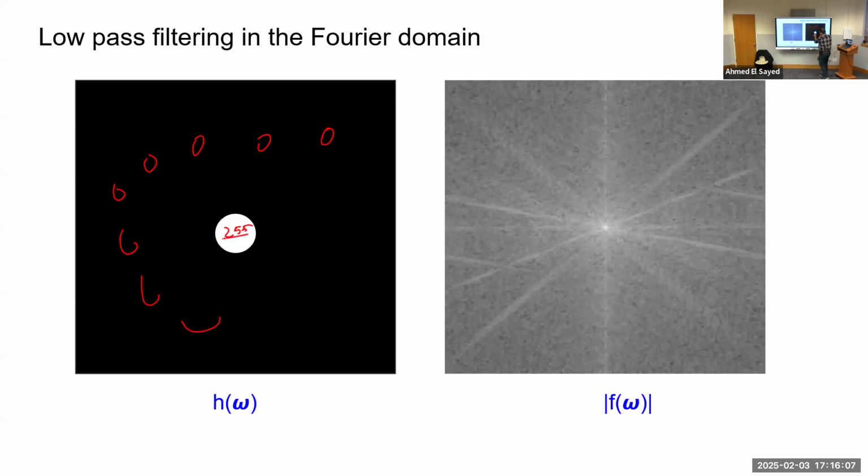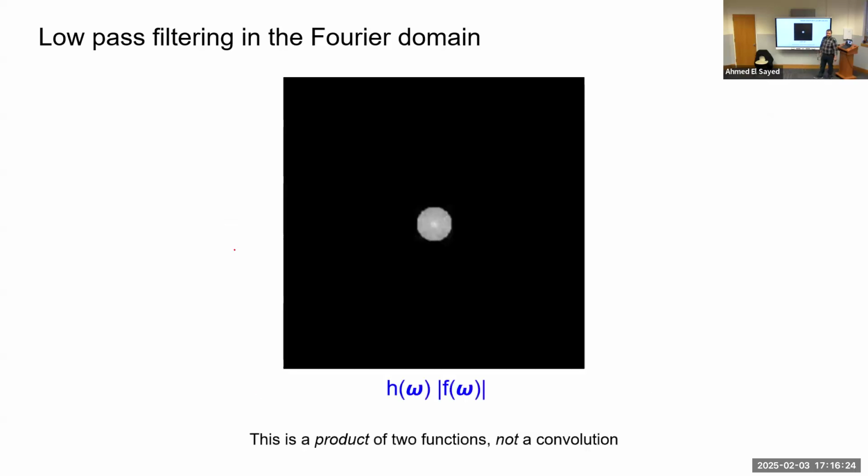Or logical 1. So if you multiply this times this, what will happen? Anything multiplied by 0 will be 0. Anything multiplied by 1 will stay as it is. So that's what we'll have. Regular multiplication. Multiply the filter times the frequency domain. It will give you the filtered image.